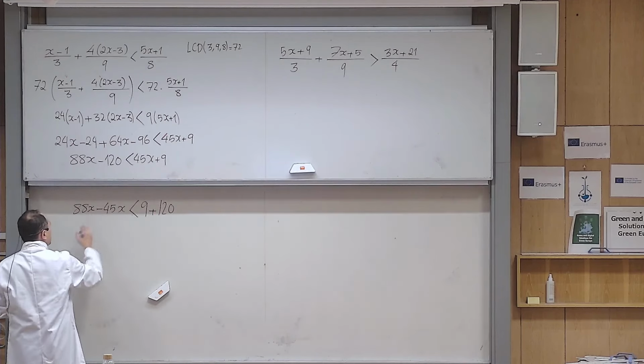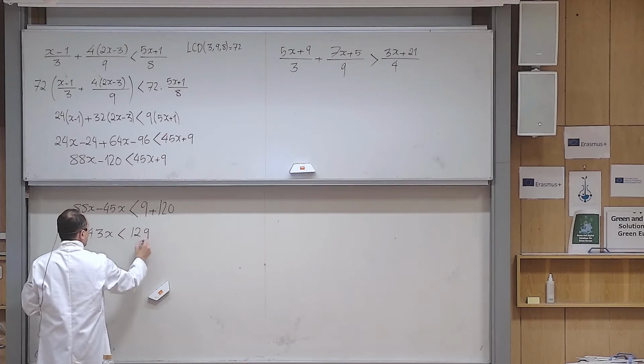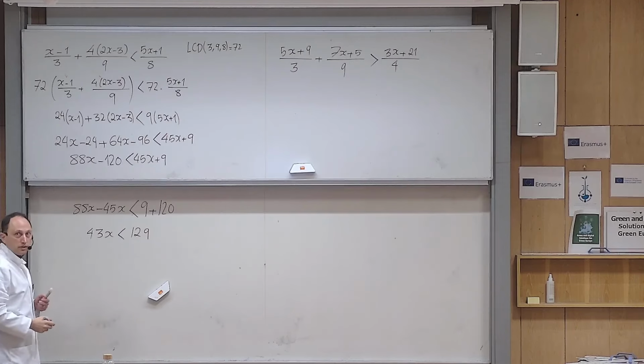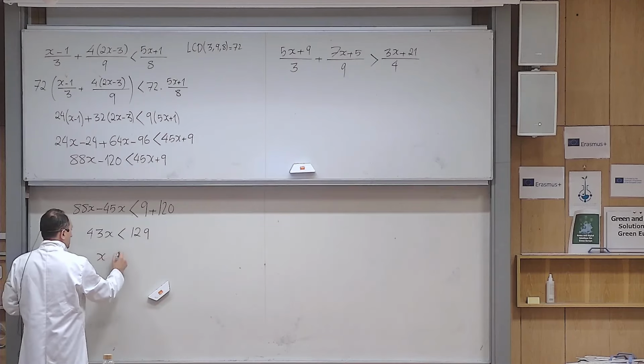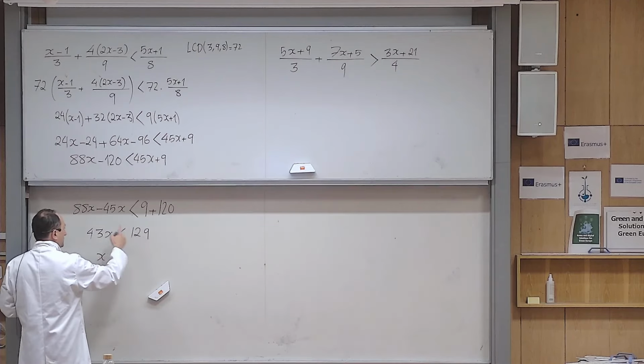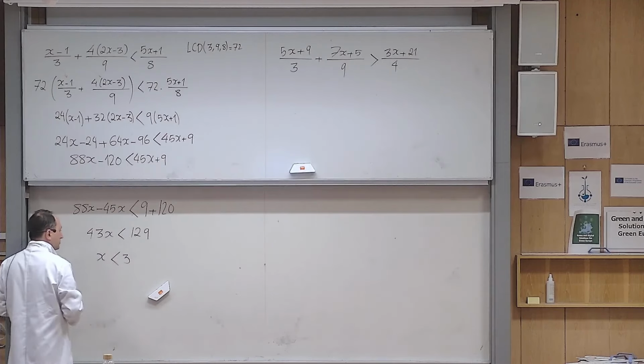If I simplify, 9 plus 120 is 129. So 43x is left, and there is 129. My goal is to isolate x, so I have to divide everything by 43. So it becomes 129 divided by 43, which is 3. Okay, so x should be less than 3.